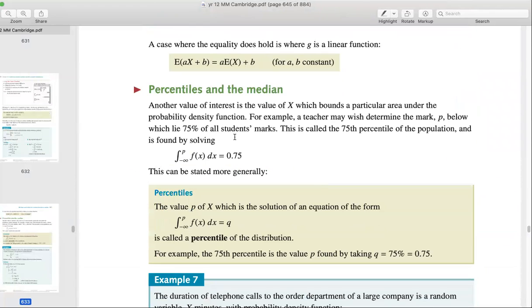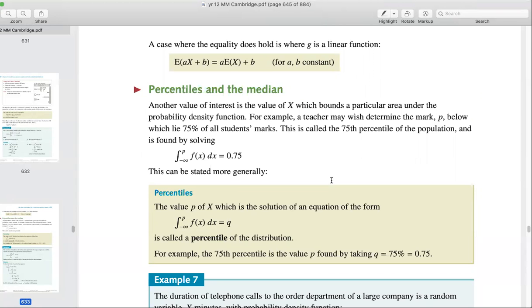And next one I want to emphasize here is percentile and the median. So percentile just means like percentage, and the median is just exactly 50%. So if you are above your class median mark, which means you are in the top 50%, overall your mark is beyond 50%, or your ranking is in the top half.